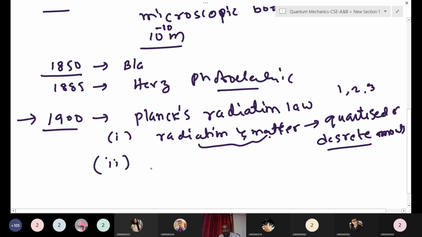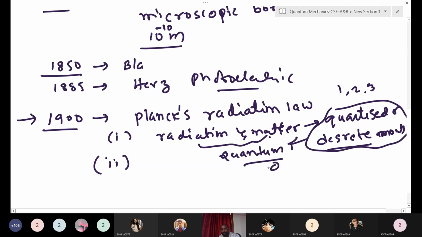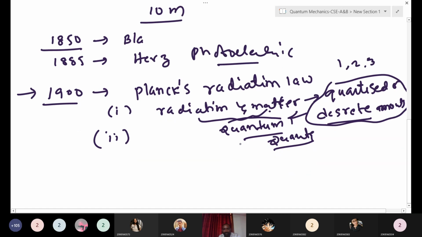The second one concerns the exchanged energy. This discrete amount is called an energy quantum, or quanta. The energy is released in integral multiples of h nu.